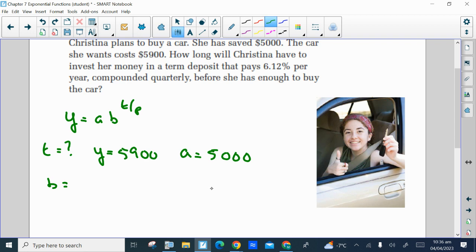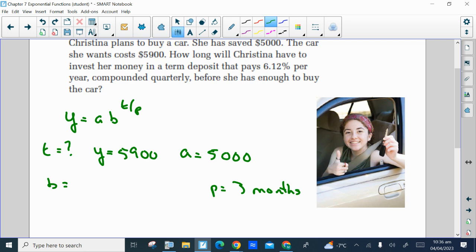Our growth period will be 3 months, because that is how often the interest is calculated. Once again, where that comes from is the fact that it's compounded quarterly, which means 4 times a year. So if you go 12 months divided by 4 times a year, you get 3 months. That's how often it is calculated. That is our growth period.